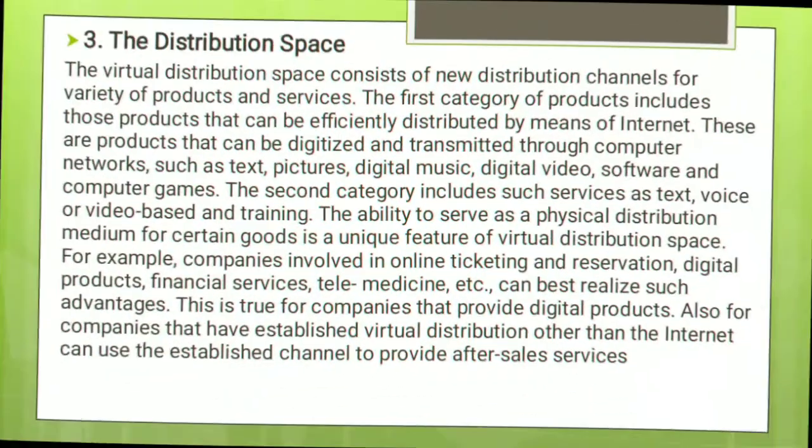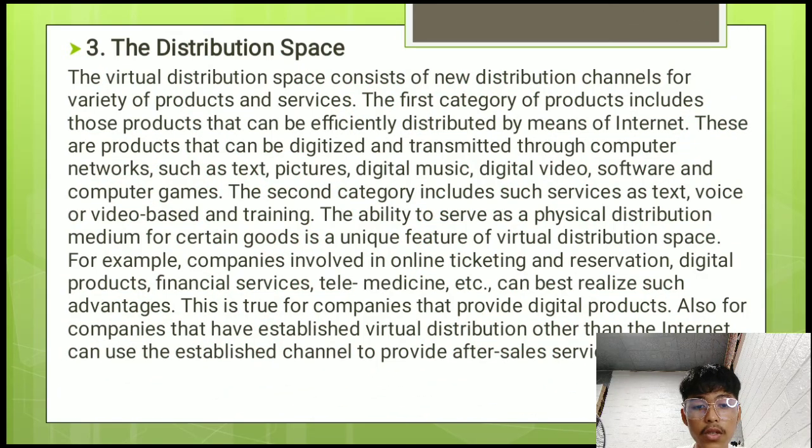3. Distribution space. The virtual distribution space consists of new distribution channels for a variety of products and services. The first category of products includes those products that can be efficiently distributed by means of the internet.